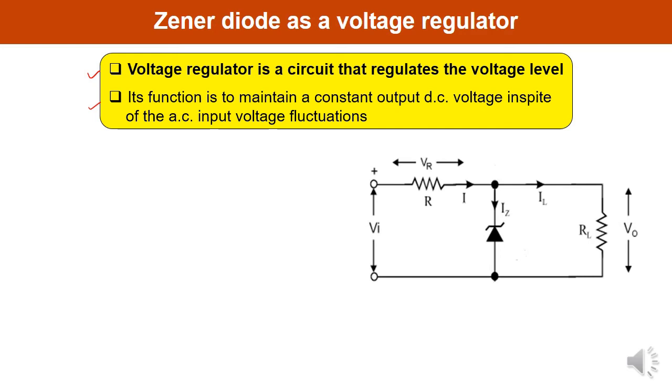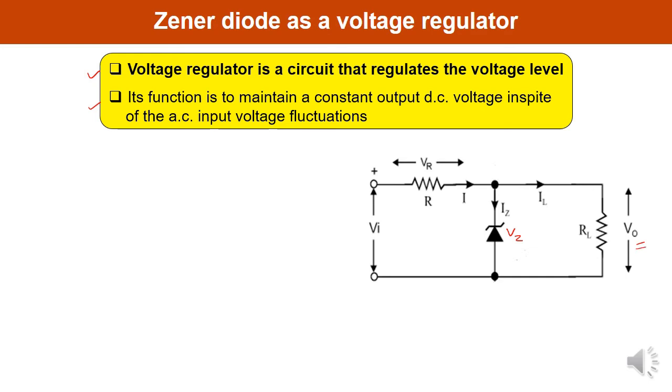Here the Zener diode is connected, with VZ the voltage across the Zener diode. VI is the applied voltage. R is the series resistance. I is the current passing through this resistance, IZ is the Zener current, IL is the current passing through the load resistance, and VO is the output voltage, which is the regulated voltage.